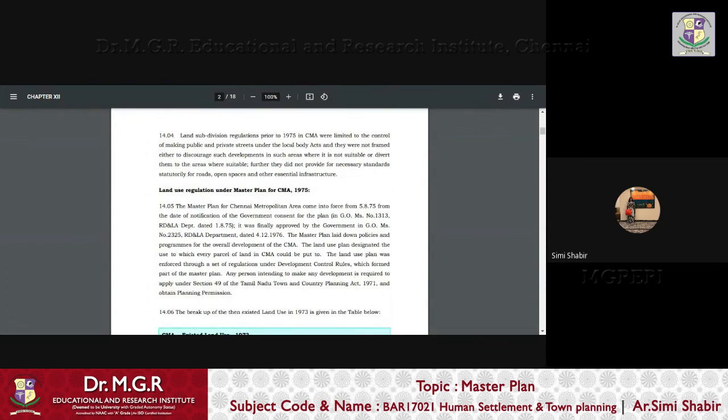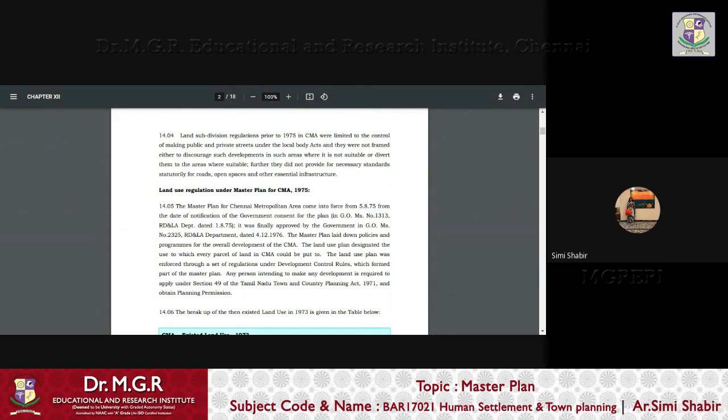Later there were land subdivision regulations prior to 1975, before the first master plan. They had a lot of limitations in controlling the making of public and private streets under the local body act. They were not framed either to discourage such developments in areas which are not suitable, or to provide the necessary standards.